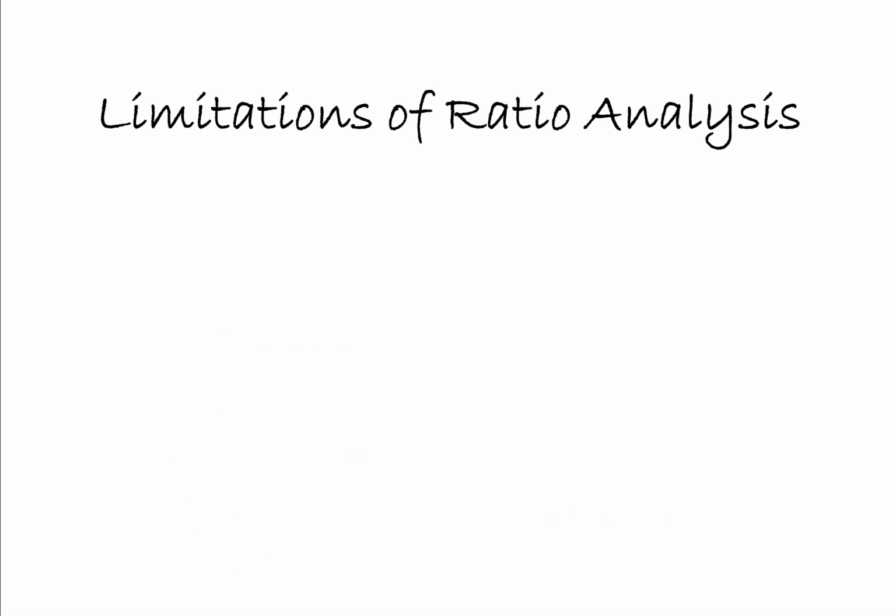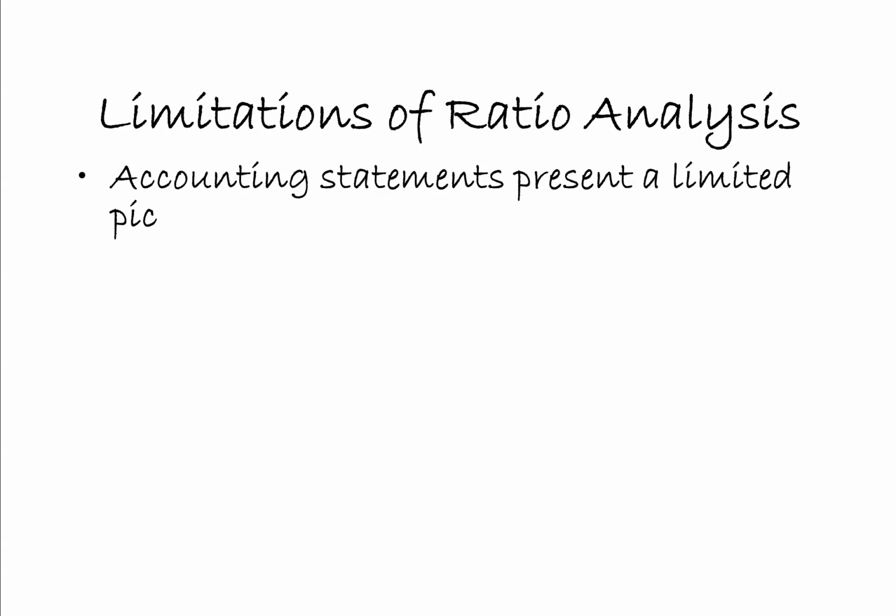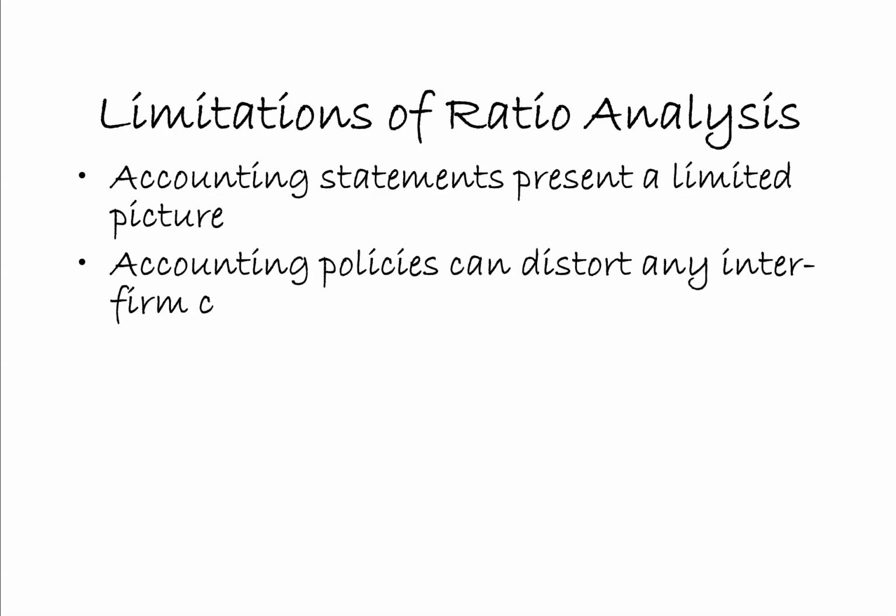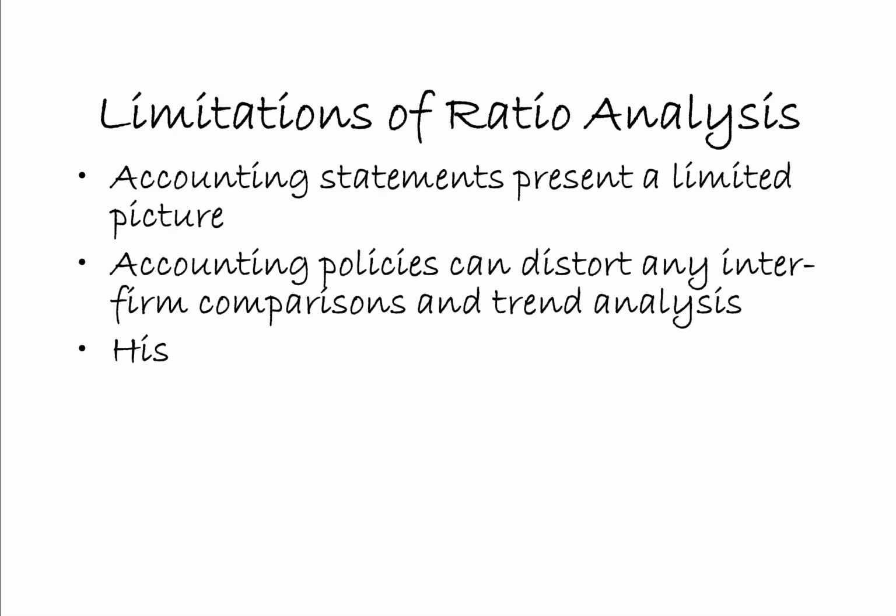Next thing we look at is the limitations of ratio analysis. Firstly, the problem is that accounting statements present a limited picture. Another point is that accounting policies can distort any inter-firm comparisons and trend analysis. Another issue is that accounting statements are historical. They're telling us what has happened in the past.